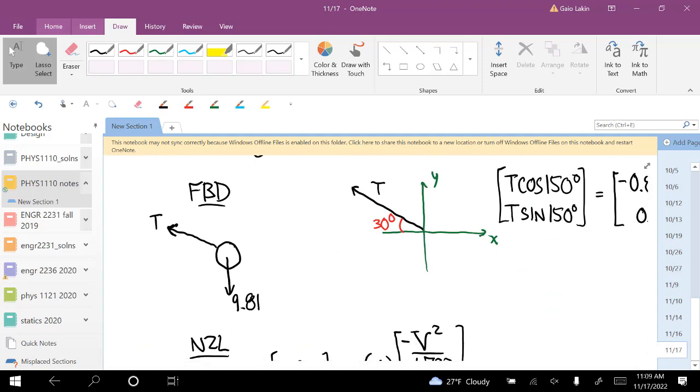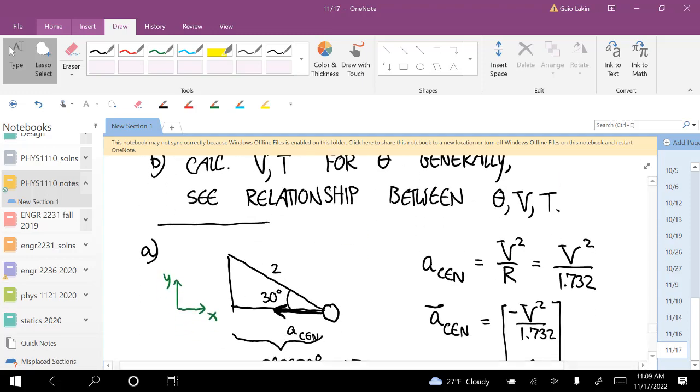If it's spinning faster, what do you think would happen to that angle 30? Would it get bigger or smaller? Smaller, yep. And what would happen to that tension, do you think? Larger, that's exactly right. So if you spin that thing around faster, the tension in the cable gets bigger, it gets closer to horizontal.